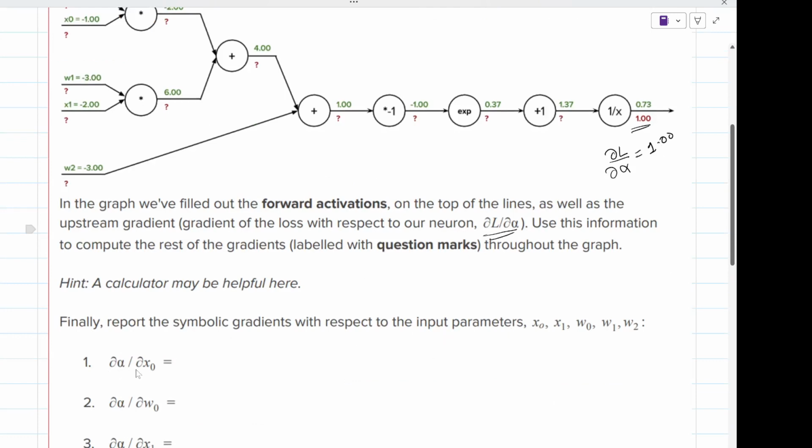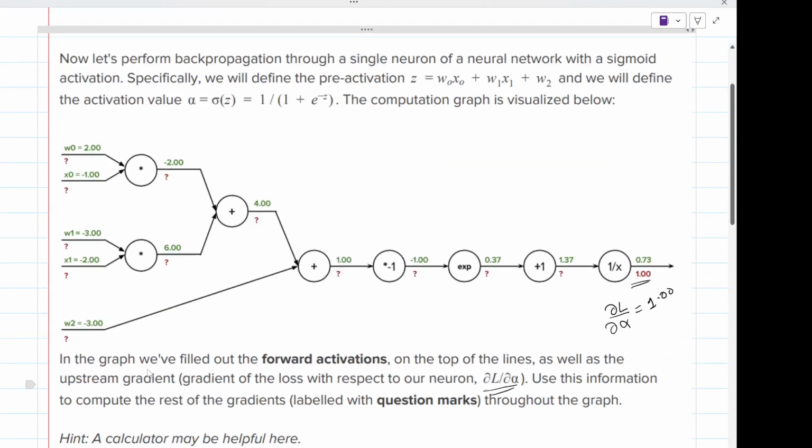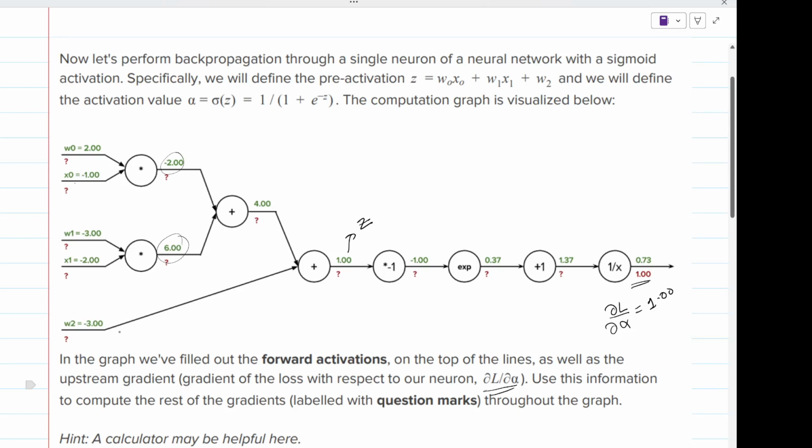So del alpha by del x naught. How are things happening here? You did a summation over here. You got some value, multiplied by minus 1, and you take the exponential. The output you get over here is your z, because it is w naught into x naught plus w1 into x1 plus w2.